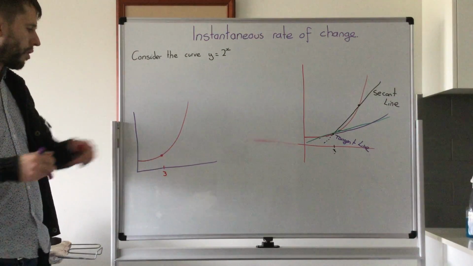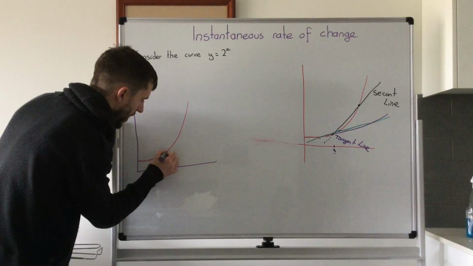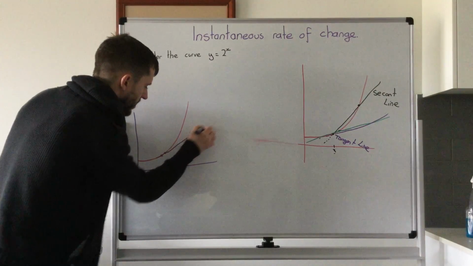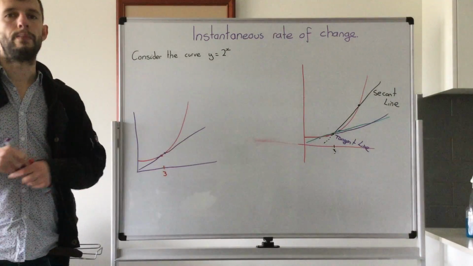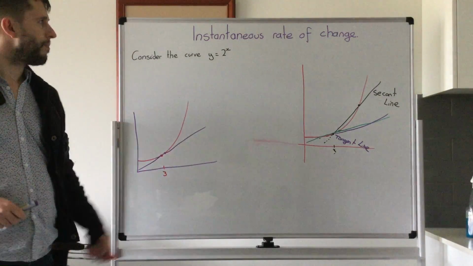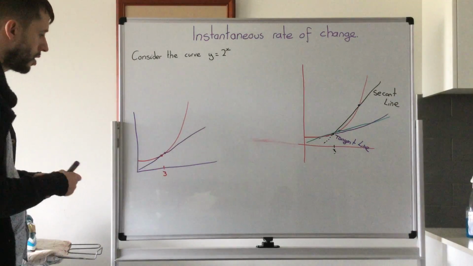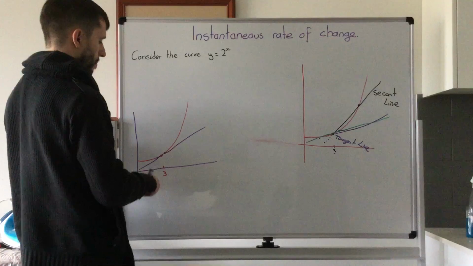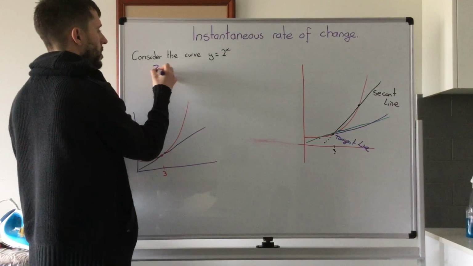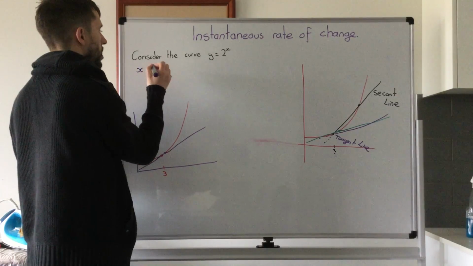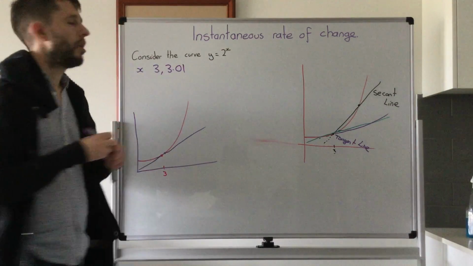So if I've got 3 here, I'm going to be picking a point close to it and creating a secant line between those 2 points. The closer I get, will be an approximation of the instantaneous rate of change. So if I want to find the point for 3, I also need to look at the x value close to it. So I might go 3.01.